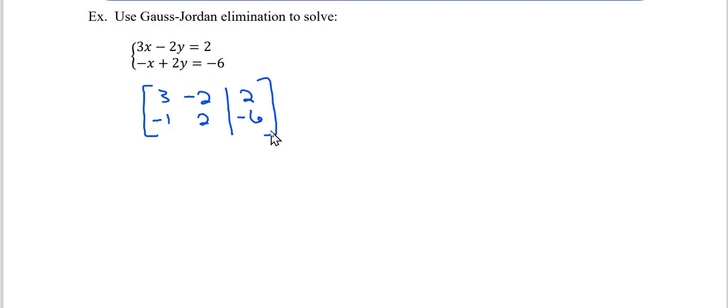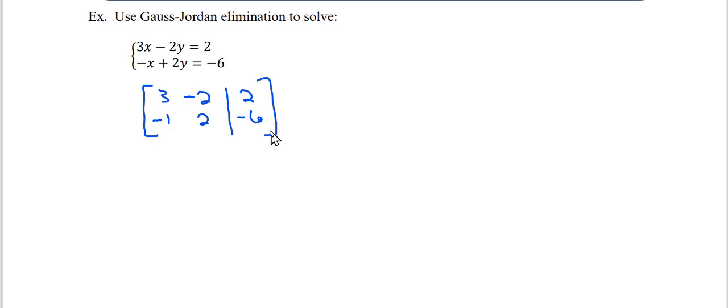Particularly on this one, the addition method is super easy because the y's have opposite coefficients. So when you add them, the y's eliminate and you just have x equal to a constant. You'd have 2x equal to -4. But I want to show you Gauss-Jordan elimination on a small scale so we don't feel so bogged down in it.